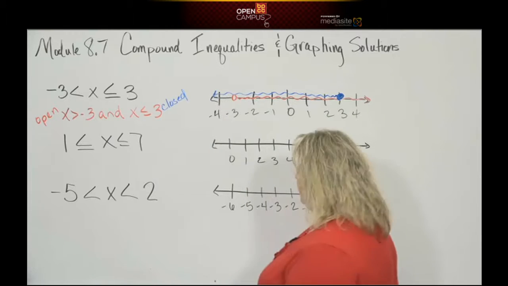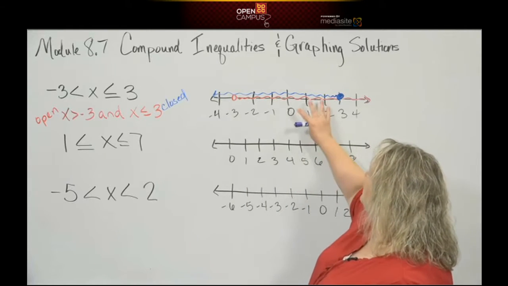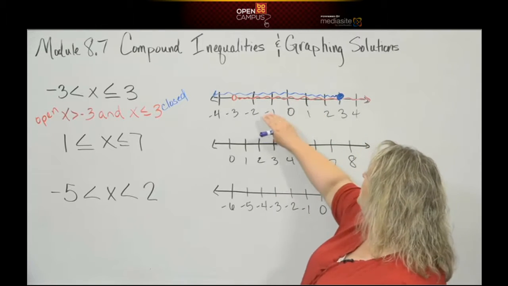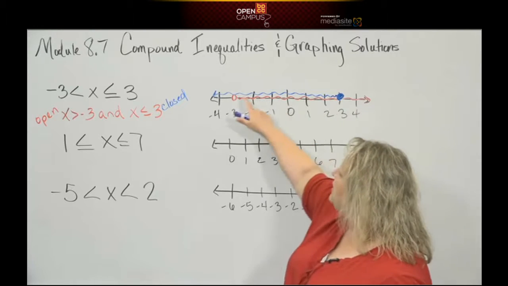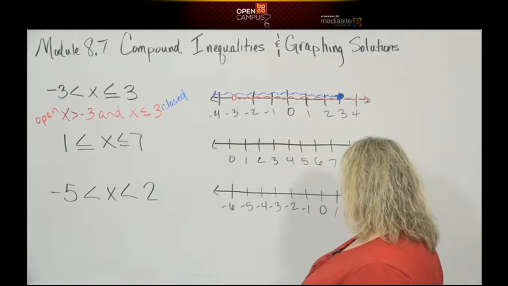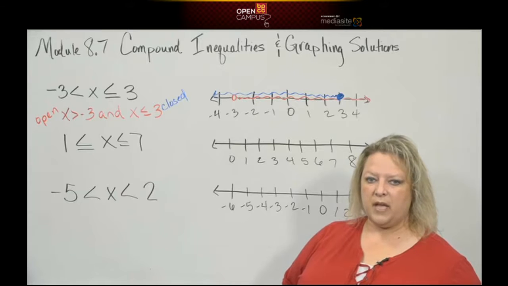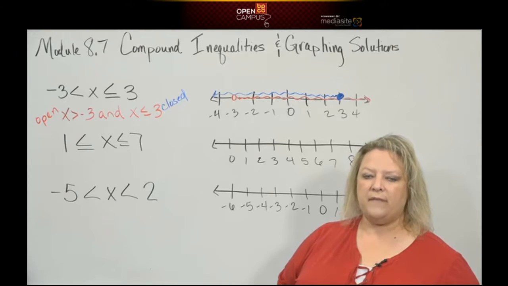And you'll notice that what you have done is you have created these two that overlap each other. Look at those two solution sets. You have one that's shading to the right, you have one that's shading to the left, and then they overlap each other. So the part that overlaps is your solution set because it is an "and." And means only what they have in common.